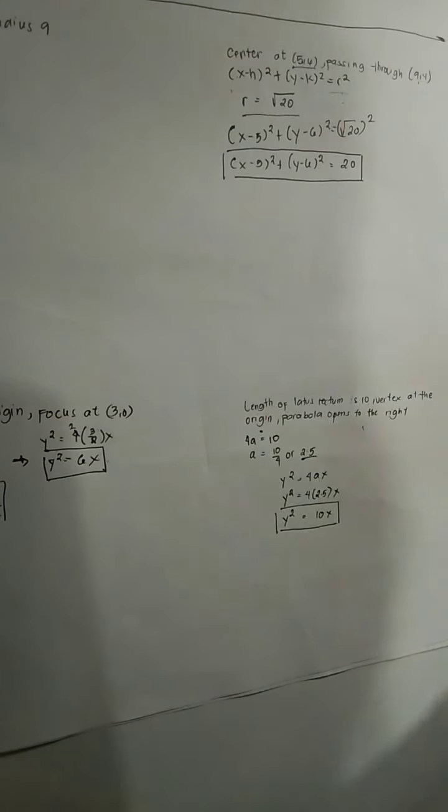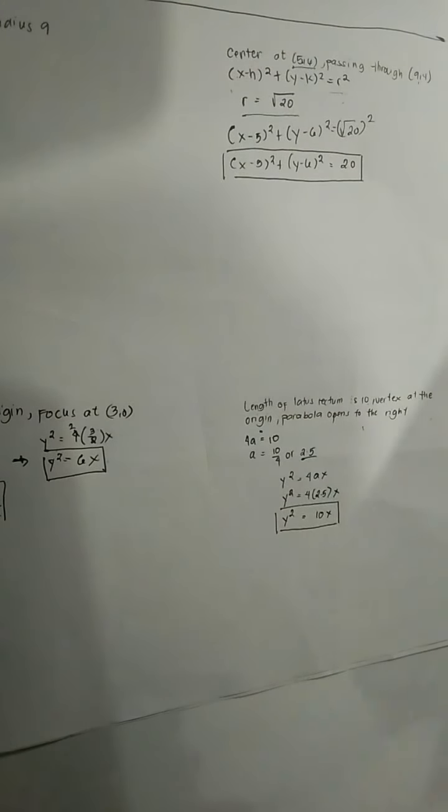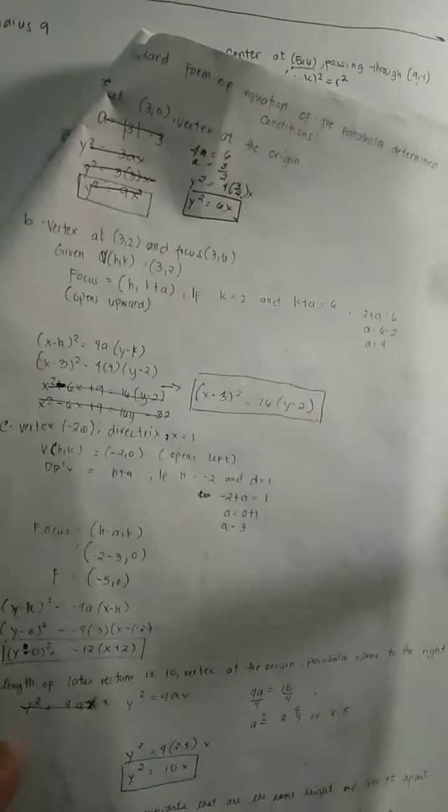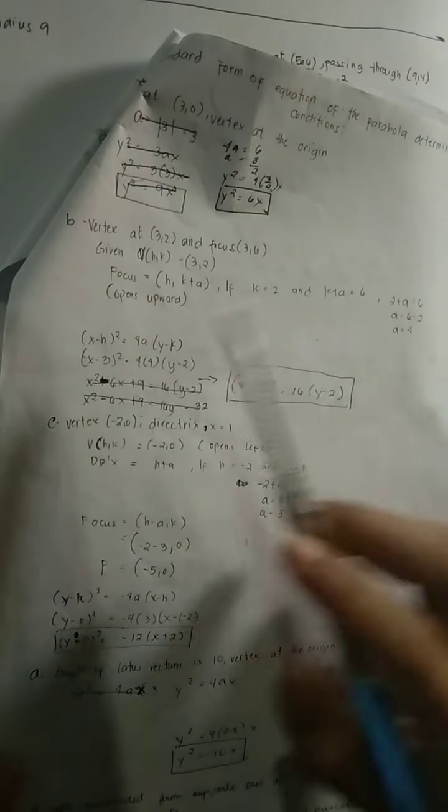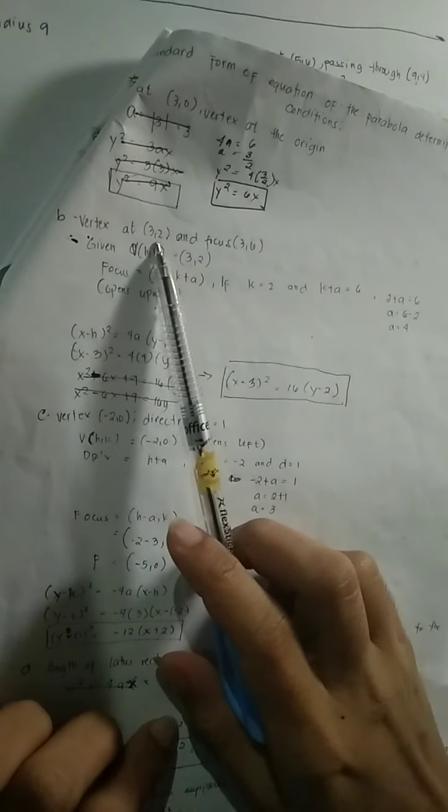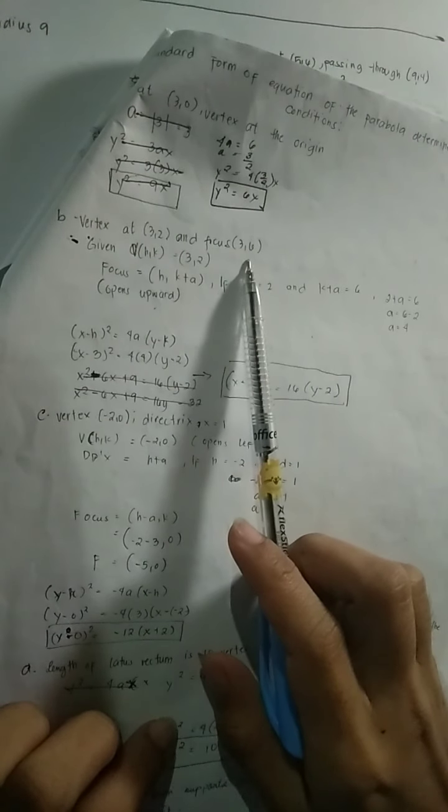Now let's check some of my activities. Over here, at letter B, it says that the vertex is at (3, 2) and the focus is at (3, 6).